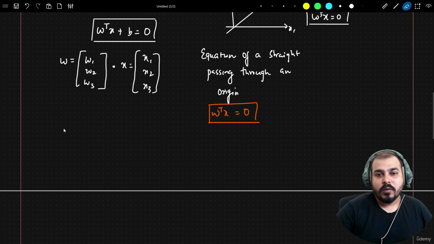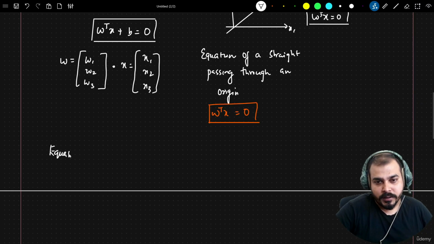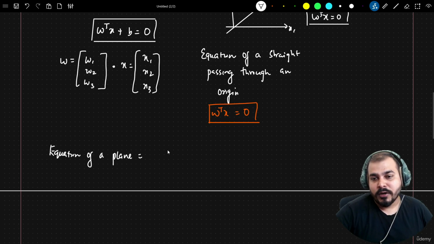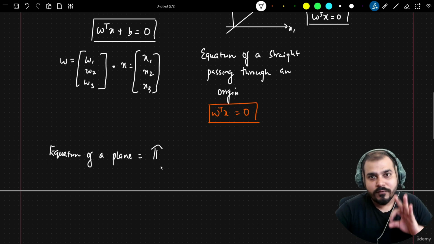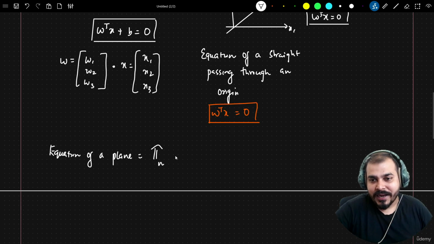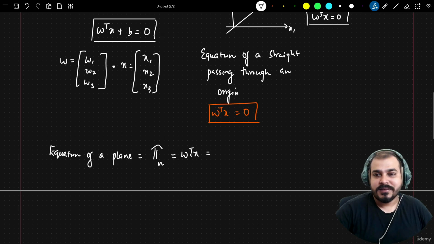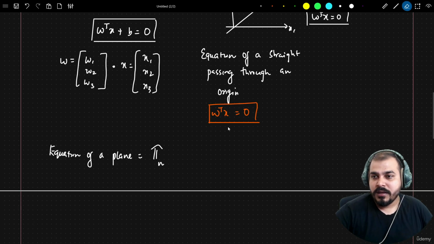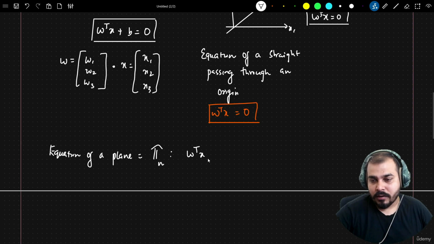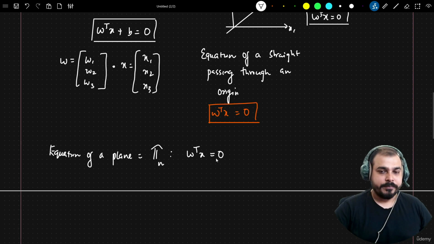So let's consider now the equation of a plane that we have got over here. The equation of a plane is usually given by the notation pi, and this is not that 3.142, we are just saying it as pi in n dimensions. This is represented as w transpose x is equal to 0, since we have considered that our line is passing through the origin.